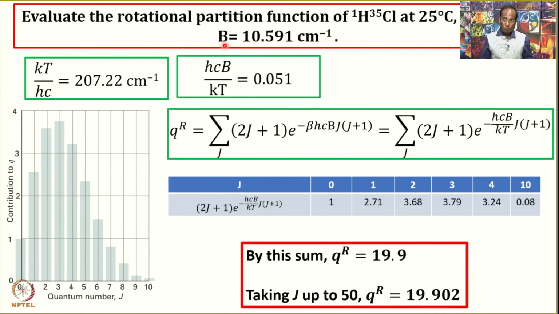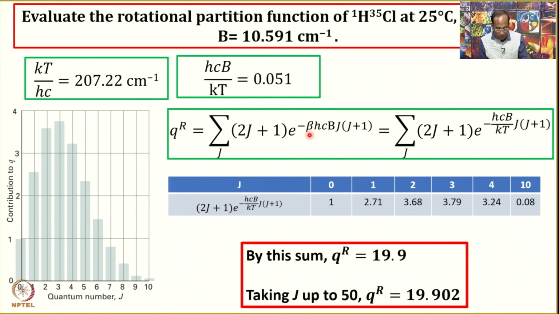What we have are the values of kT/hc, which is 207.22, and hcB/kT, which is 0.051. Why do we need this? Because q_R, the rotational contribution to the partition function for a linear rotor, is the sum of (2J+1) exp(−βhcB J(J+1)).